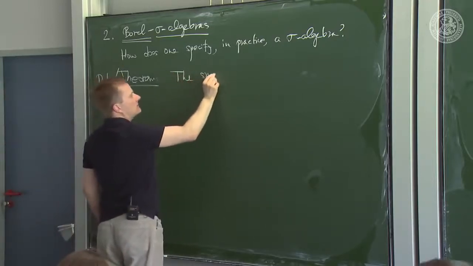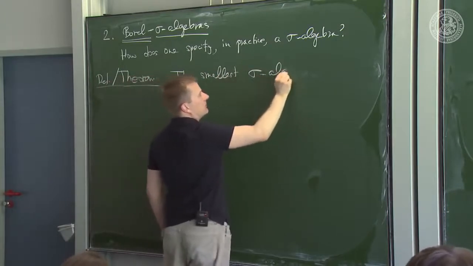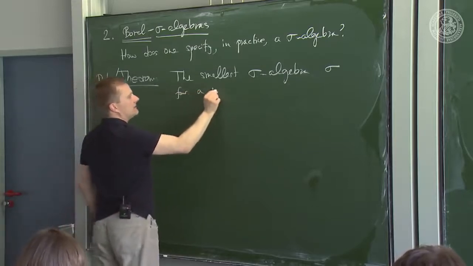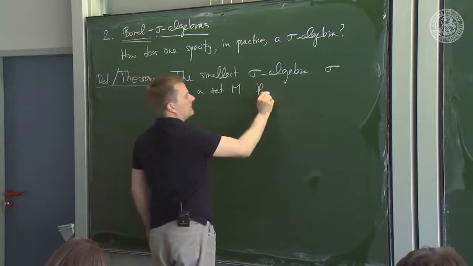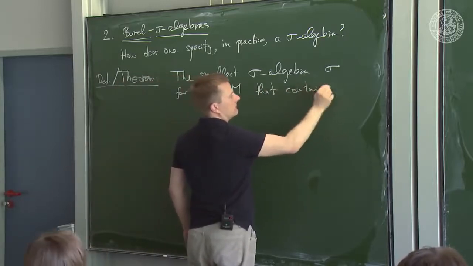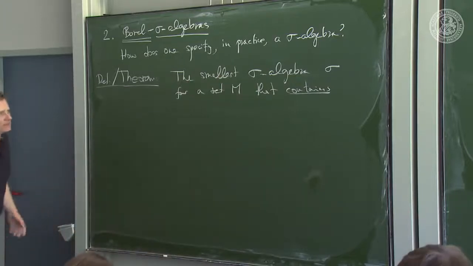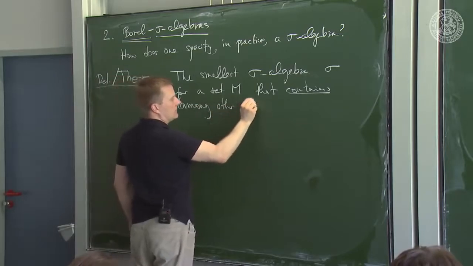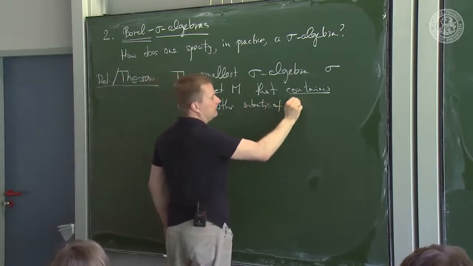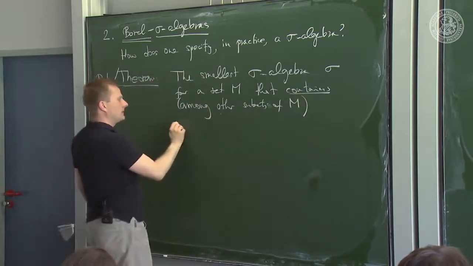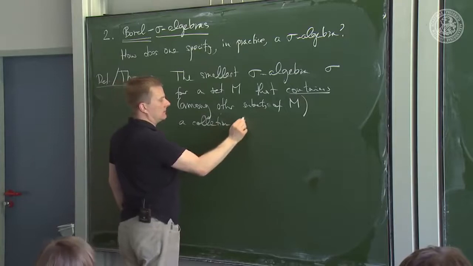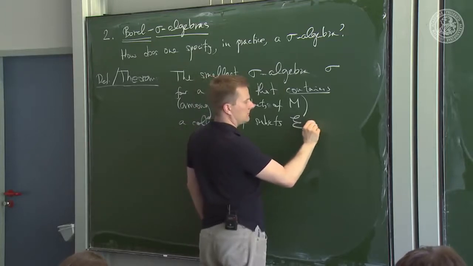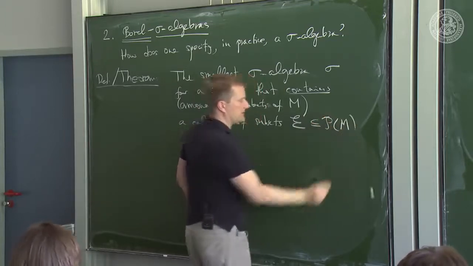The smallest sigma algebra for a set M that contains, among other sets, a collection of subsets E in the power set.